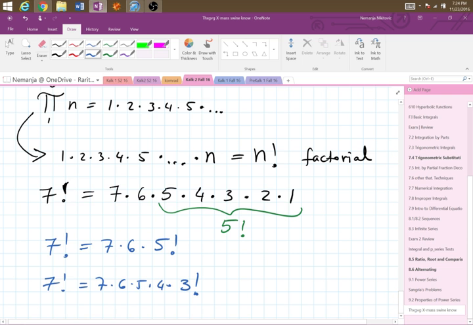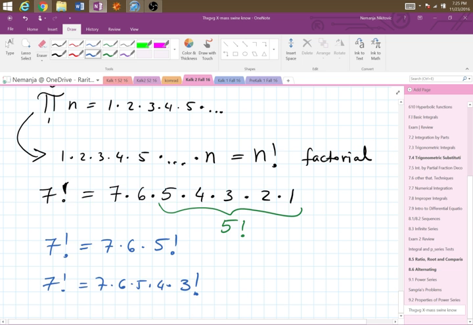I can play these games with these numbers any way I want, as long as I'm not breaking the rule that n factorial has to have all of them from 1 to n. So 1 factorial is 1, 2 factorial is 2 times 1, 3 factorial is 3 times 2 times 1. And 3 factorial will always be 6, and 4 factorial will always be 24, because 1 times 2 is 2, times 3 is 6, times 4 is 24, and no negotiation there.